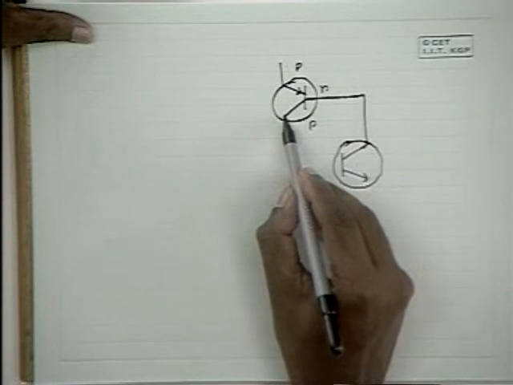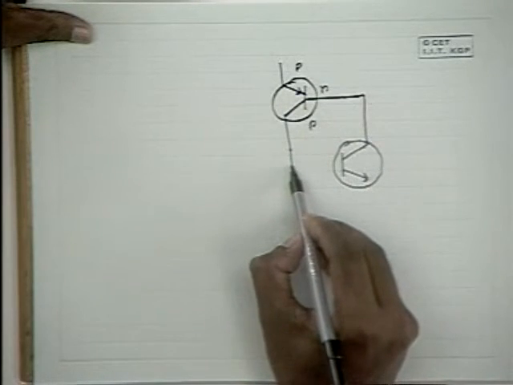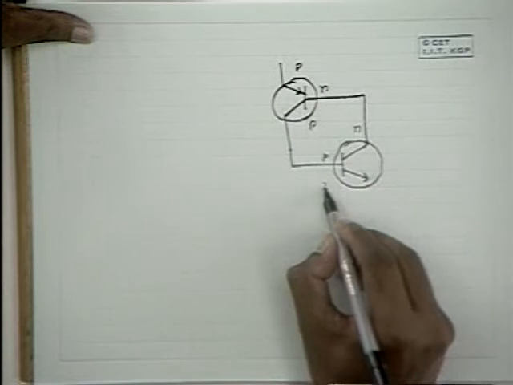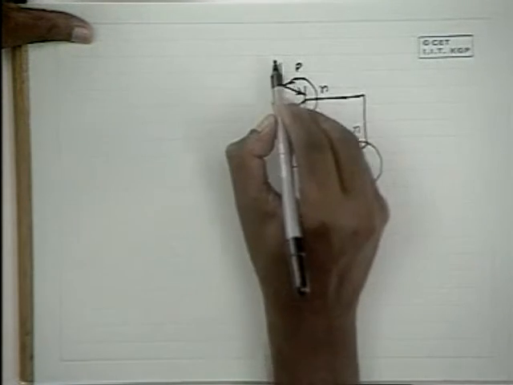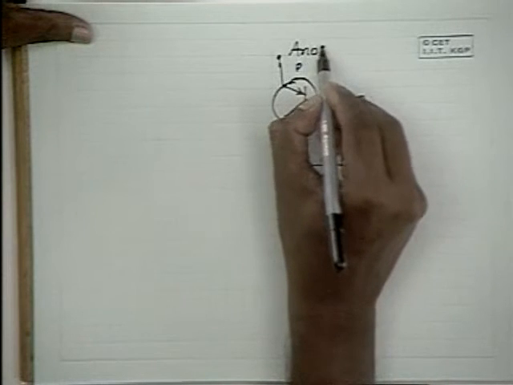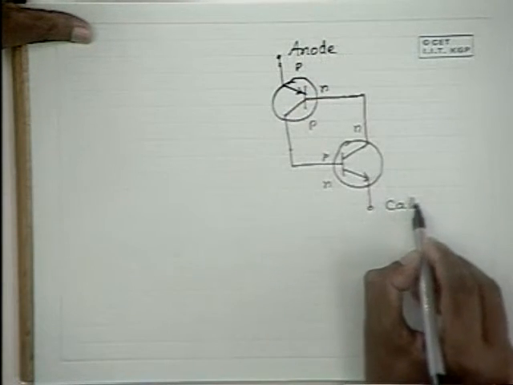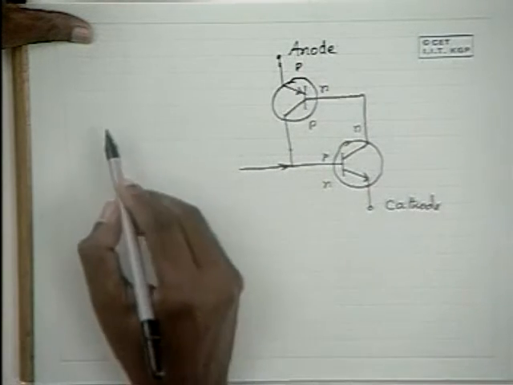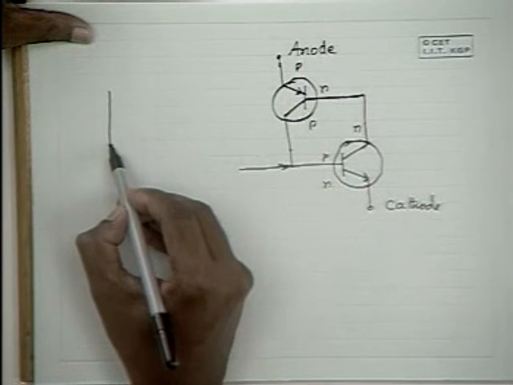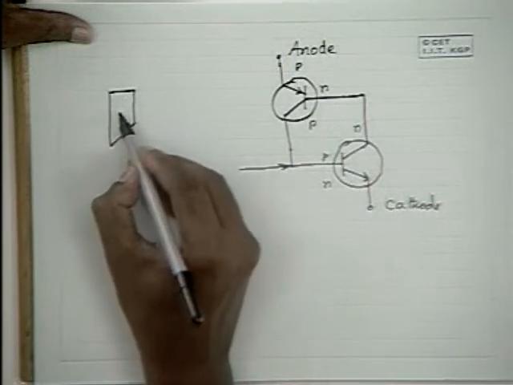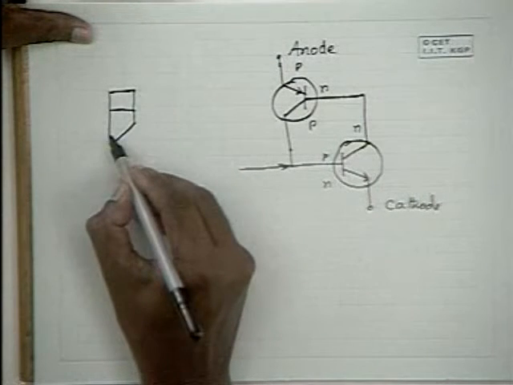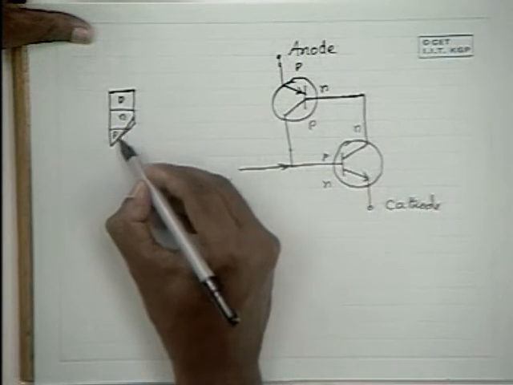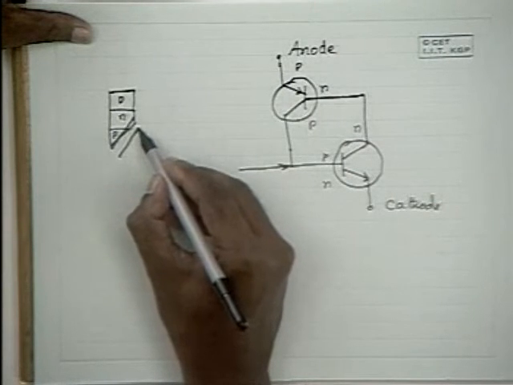Similarly, the collector of the PNP transistor is connected to the base of the NPN transistor. This is the anode, this is the cathode, and this is the gate. Please note that this is a PNP device, and here it is an NPN device.